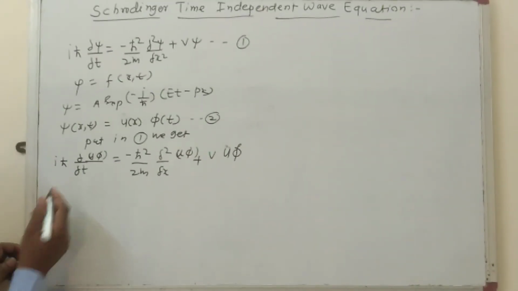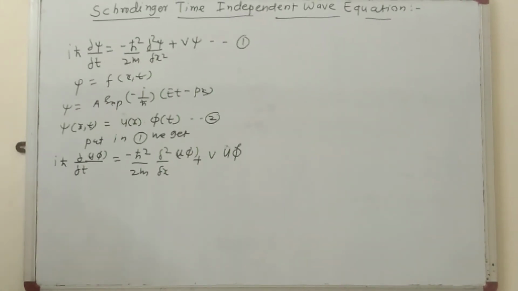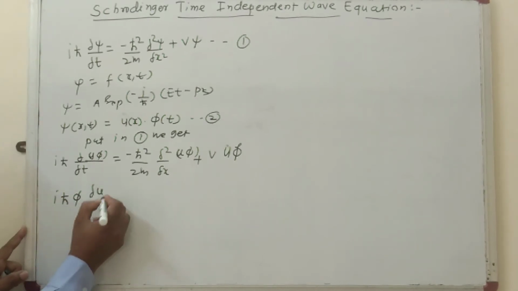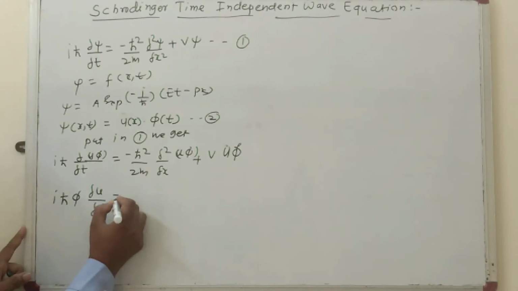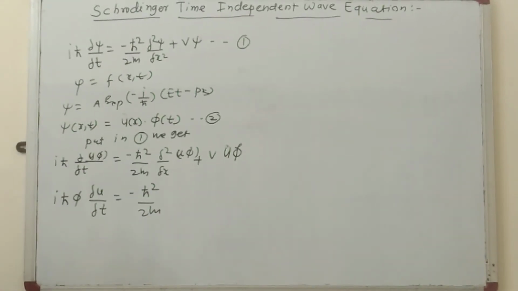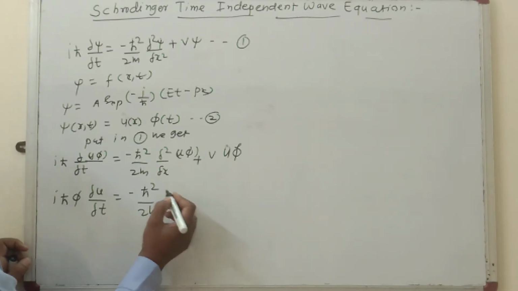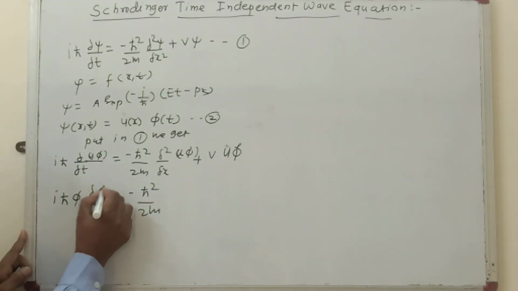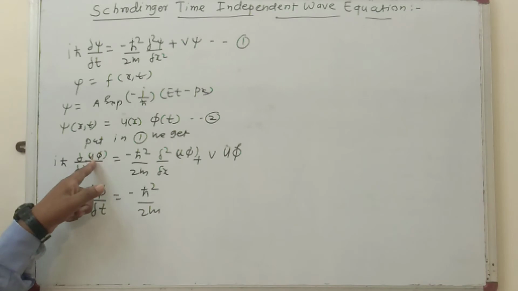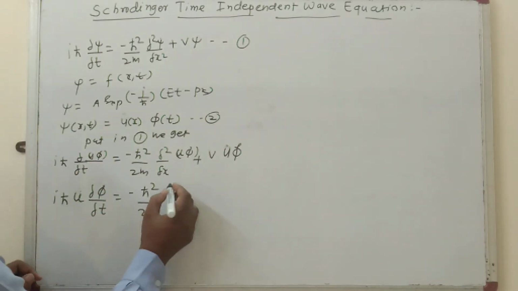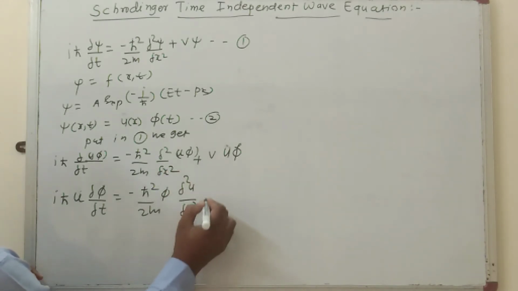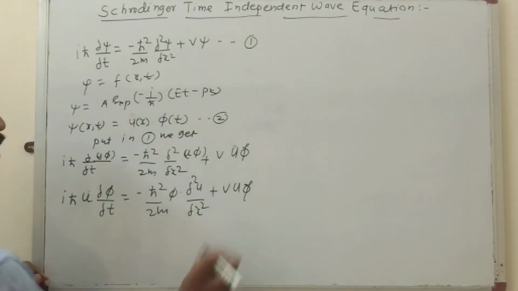Therefore iħ u ∂φ/∂t = -ħ²/2m φ ∂²u/∂x² + Vuφ, because when differentiating with respect to t, u is constant.